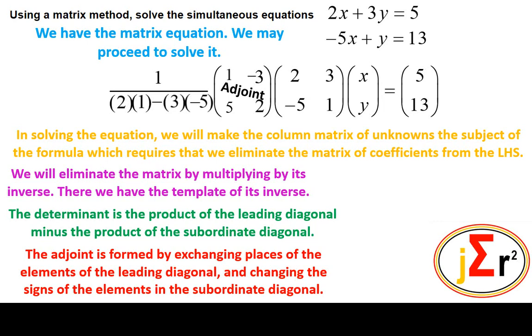Now, this is by no means a method or routine when we are handling the adjoint of matrices. This is just done conveniently in this particular case because this number was negative. To change it to positive, we can just remove the sign, and of course this one is to be changed to negative because it is positive at the moment, and all that we do is just place the sign there.